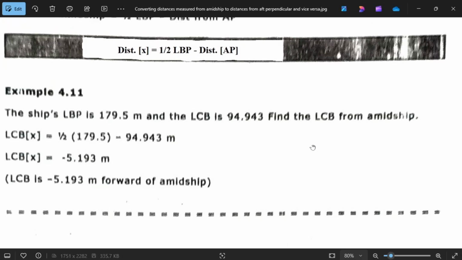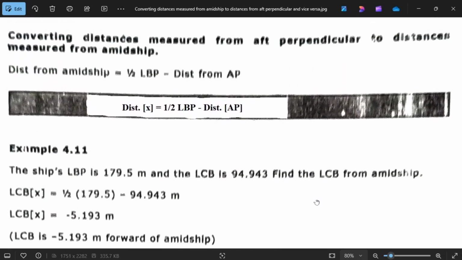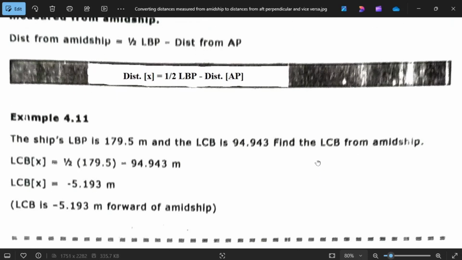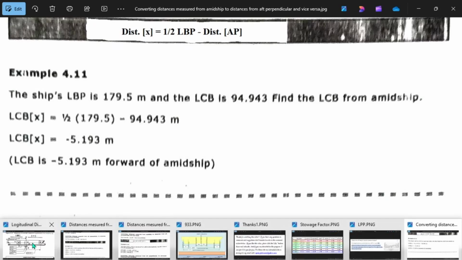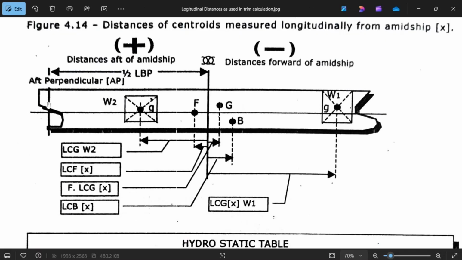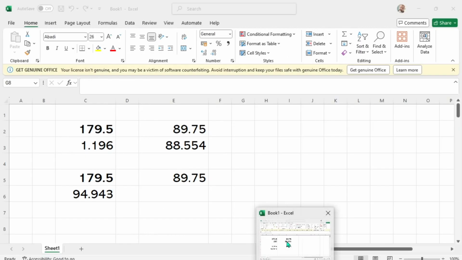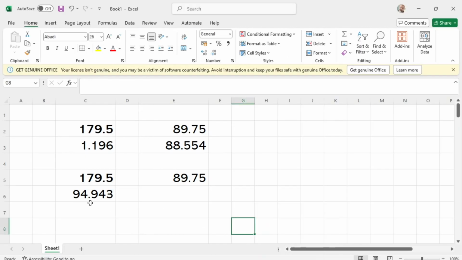Meaning, the distance from our perpendicular going to your weight here is 94.943.